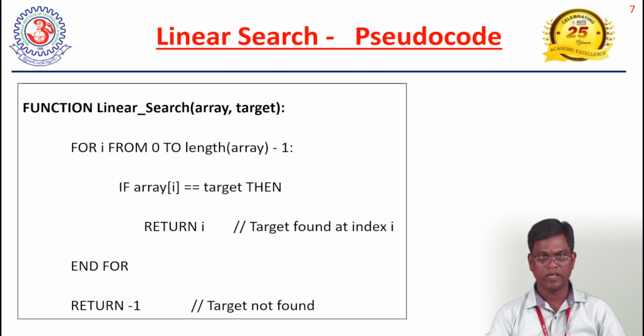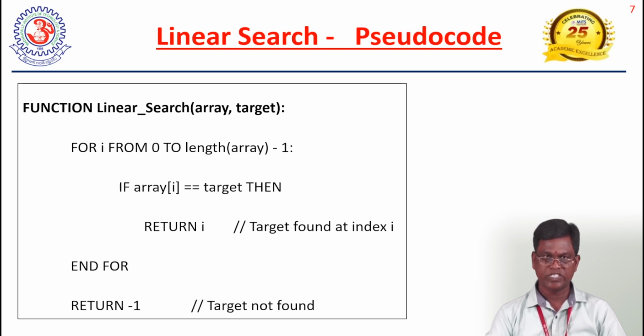And coming to here, we are going to iterate through the list of elements one by one, and check whether the target element is found in that list or not. It starts by taking the index value i from 0 to length of array minus 1.